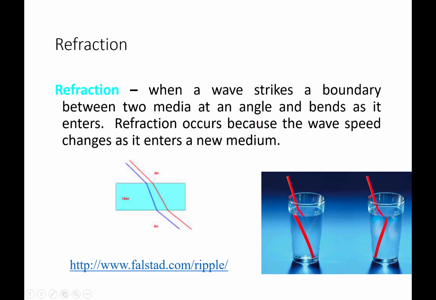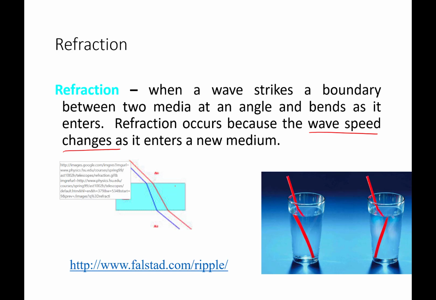Refraction is what occurs when a wave enters a new medium at an angle. So when our wave enters a new medium, we know that it changes speed. And when our wave speed changes, that actually changes the angle of the wave fronts and therefore the angle of the rays.